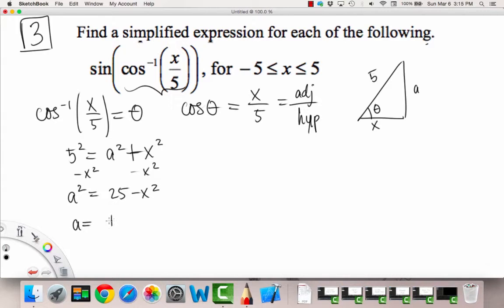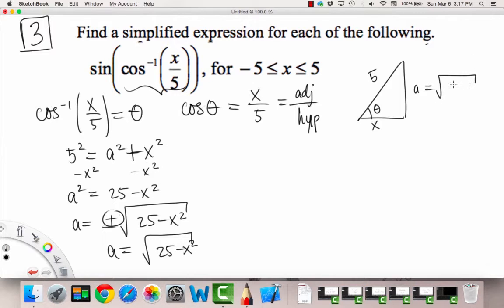So a is equal to plus or minus square root of 25 minus x squared. Okay, and we're going to pick the positive answer. So a is equal to radical 25 minus x squared. Okay, and what we're really looking for, so this cosine inverse of x over 5 is actually equal to theta.